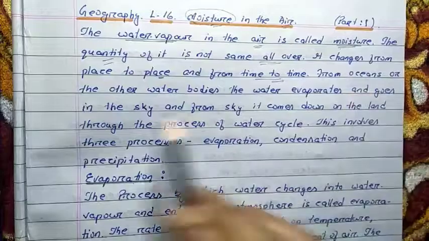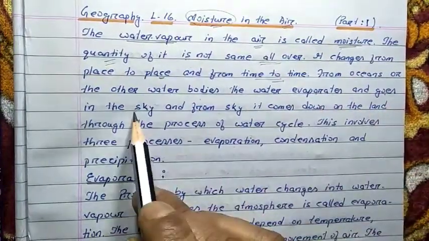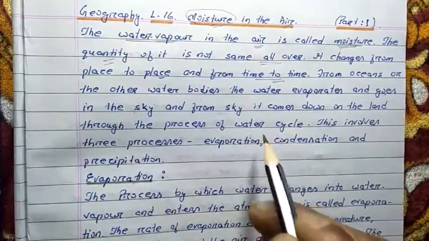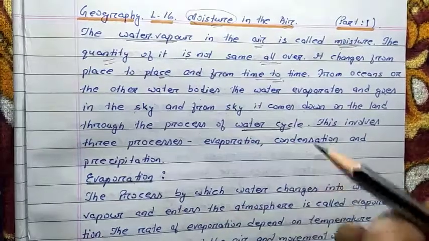From oceans or other water bodies, the water evaporates and goes into the sky, and from the sky it comes down on the land through the process of the water cycle. I shall explain the water cycle just after some time.